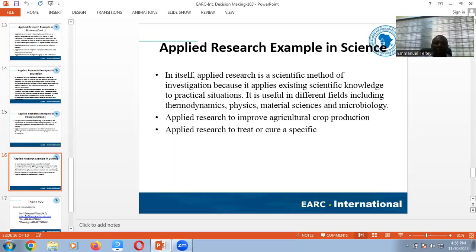So applied research is needed in the day-to-day decision making of business organizations. We need applied research in our daily life to help us make business and education decisions, undertake policy decision making, and aid in product direction.